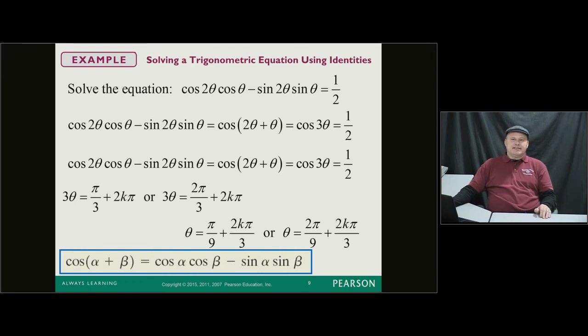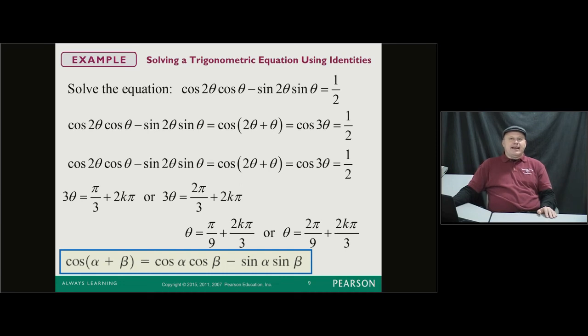So you need to pause this video. You need to take that 2 pi over 3 off, and rewrite it to 5 pi over 3 instead of 2 pi over 3. And then your final answer would be theta equals 5 pi over 9, not 2 pi over 9, plus 2 pi k over 3. Now what that is basically doing is giving you all the answers.